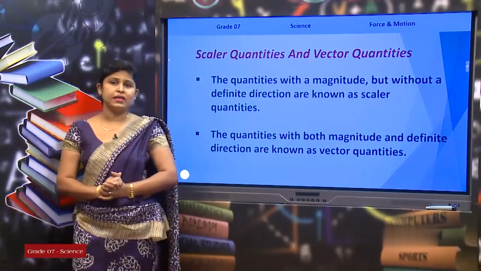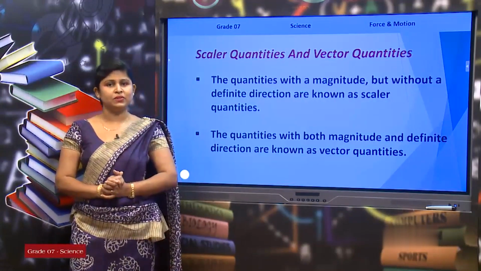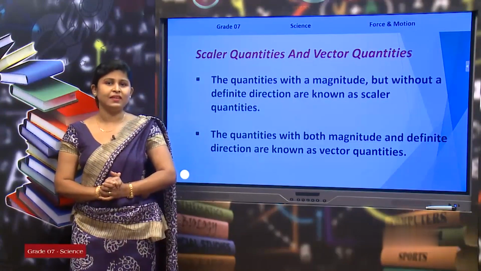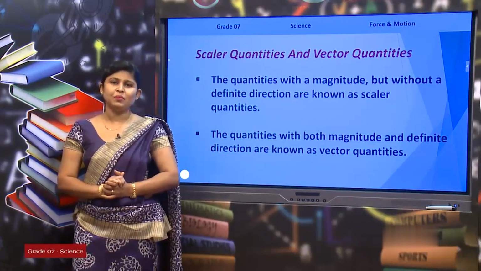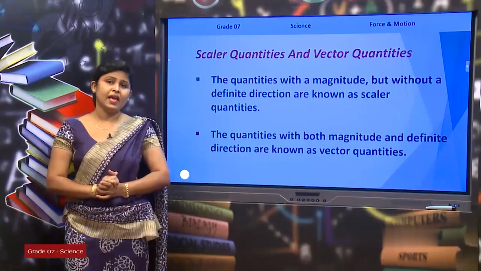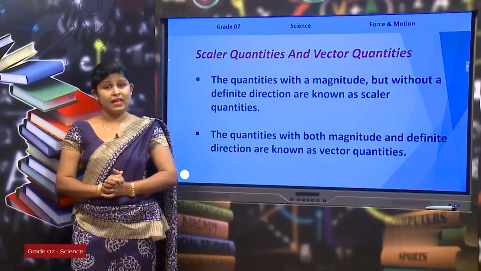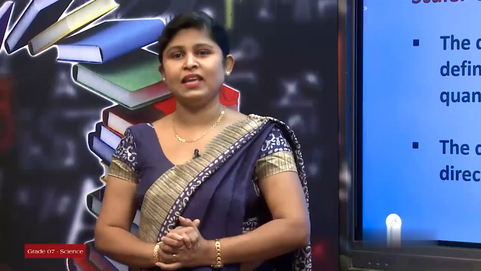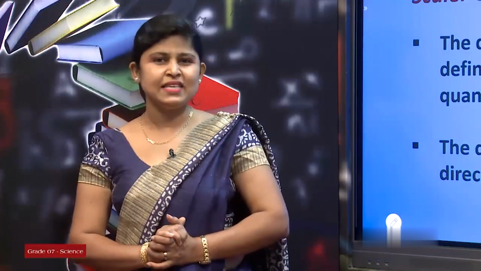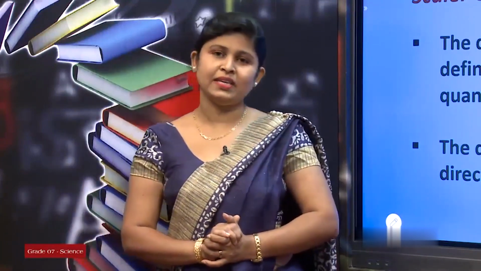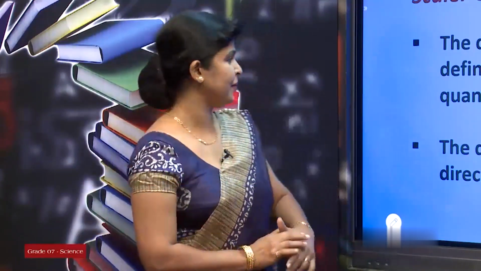The scalar quantities have only a magnitude; they do not have a definite direction. But the vector quantities have a magnitude as well as a definite direction. That is very important. Let us see some examples for vector quantities and scalar quantities.